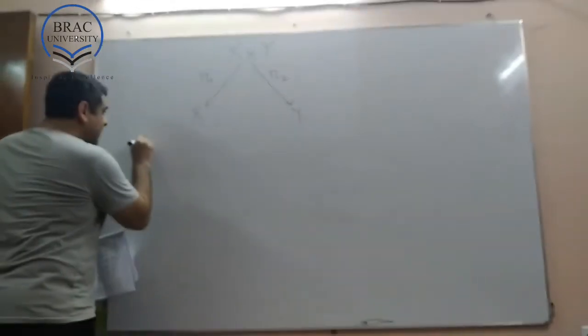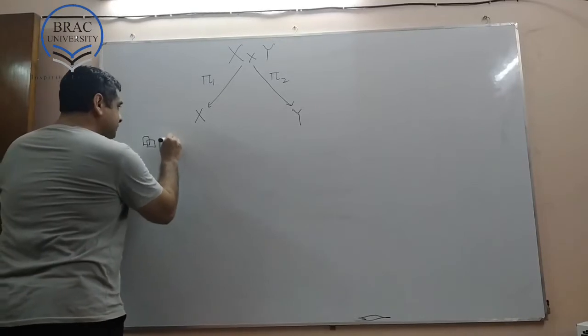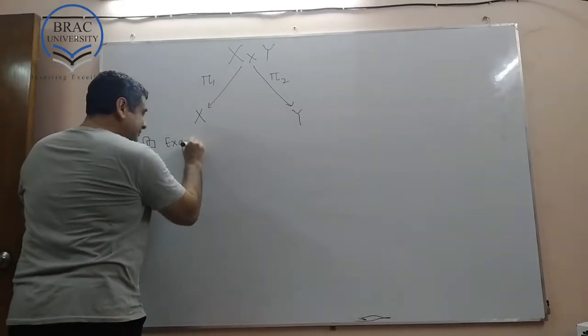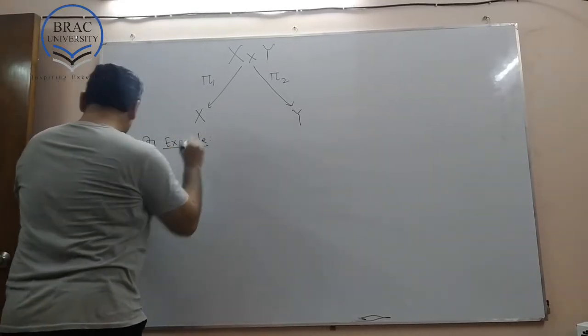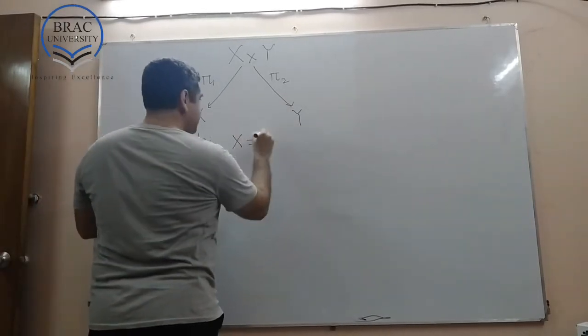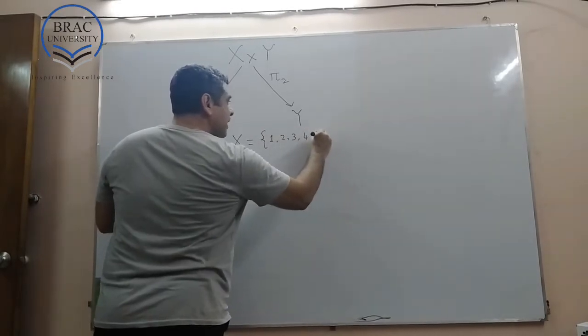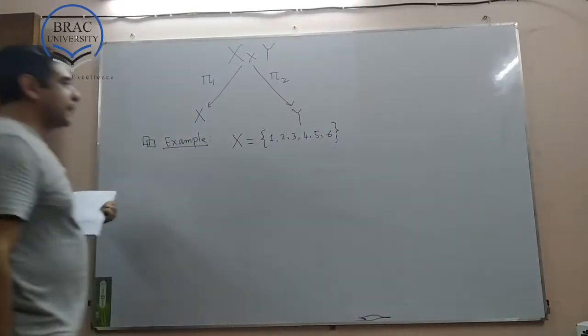So we have an example now. Suppose X is a 6-element set: 1, 2, 3, 4, 5, 6.